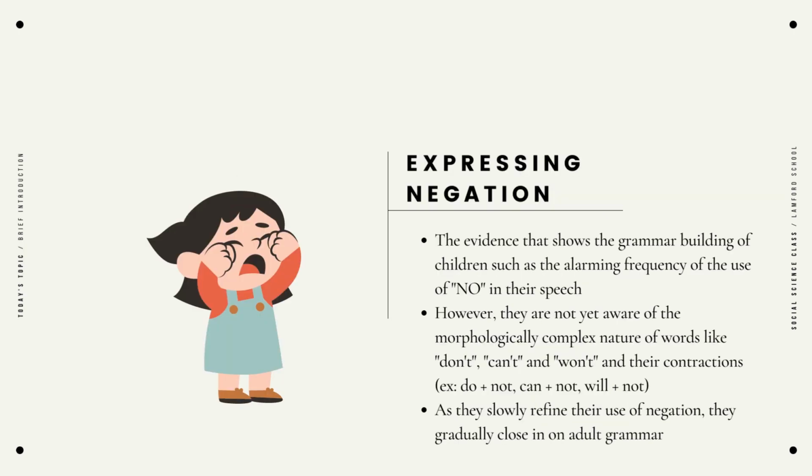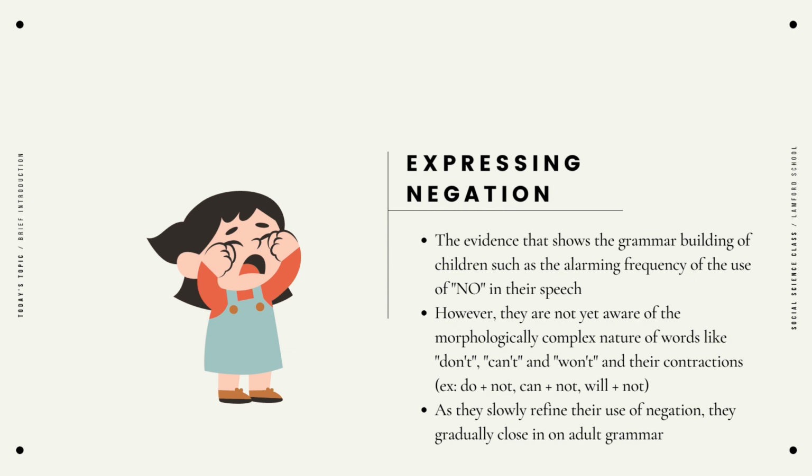Now let's move on to how children learn how to express negation. This is strong evidence that shows the grammar building of children, such as the alarming frequency of the times that they use no in their speech. However, they are not yet aware of the morphologically complex nature of words like don't, can't, and won't in their contractions.